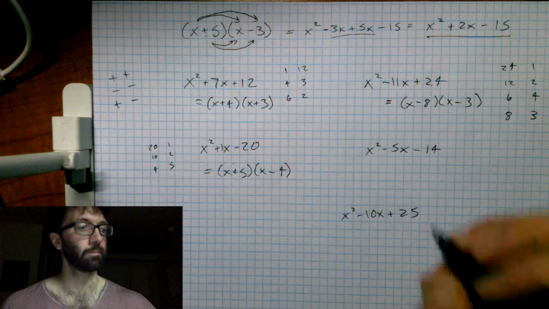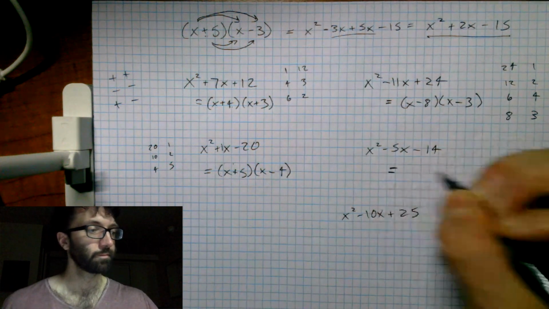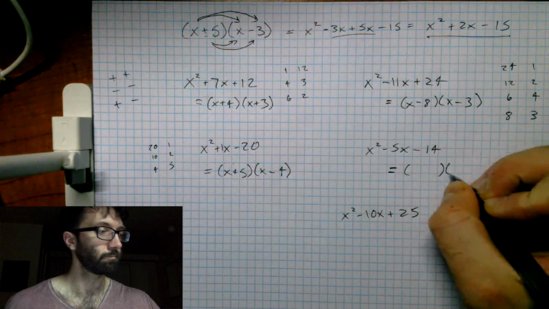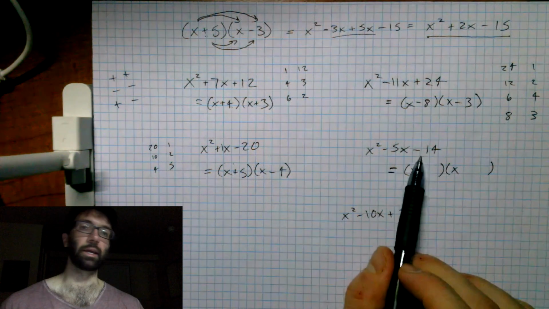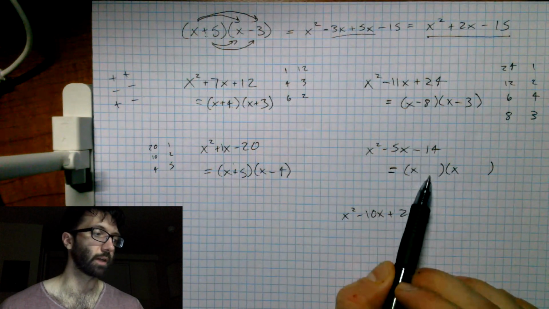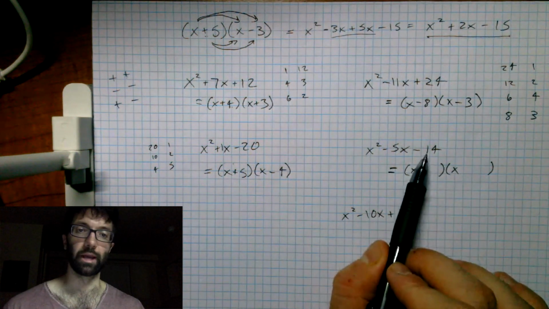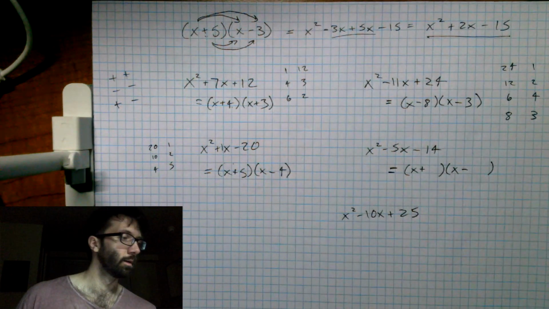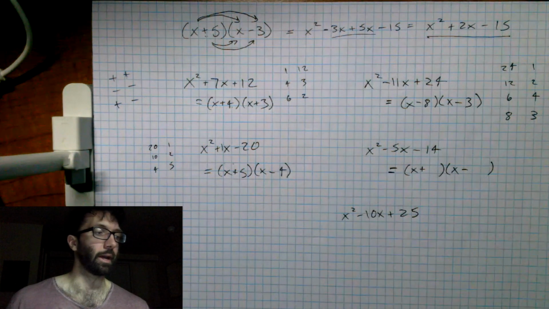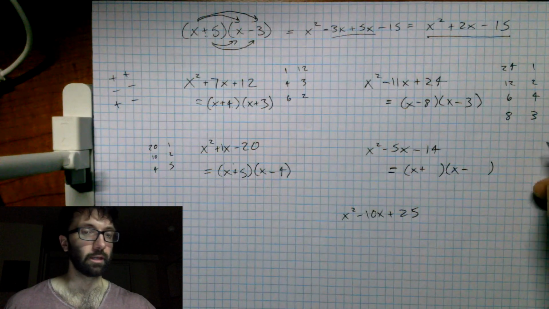Alright, a couple more here. Again, I see a negative sign here. I know this times this has to multiply to a negative, so I know I have one of each here. And now the factor pairs of 14.